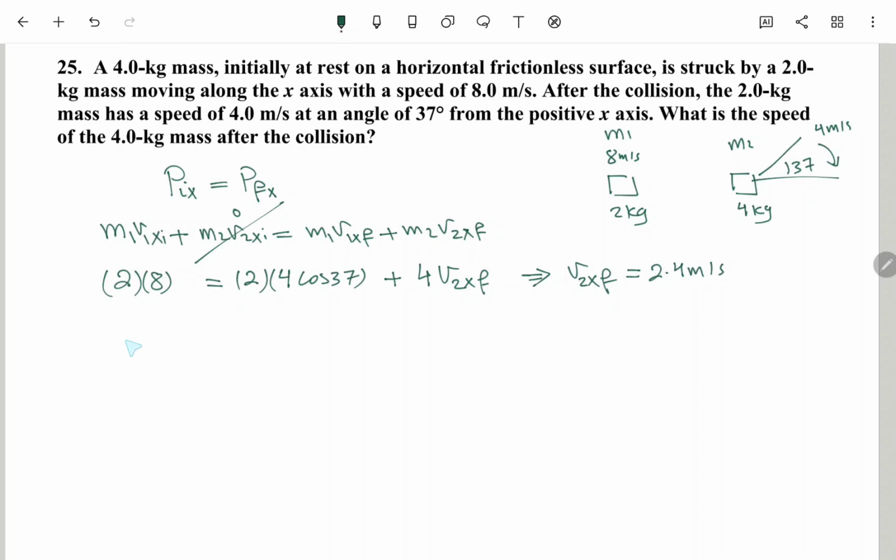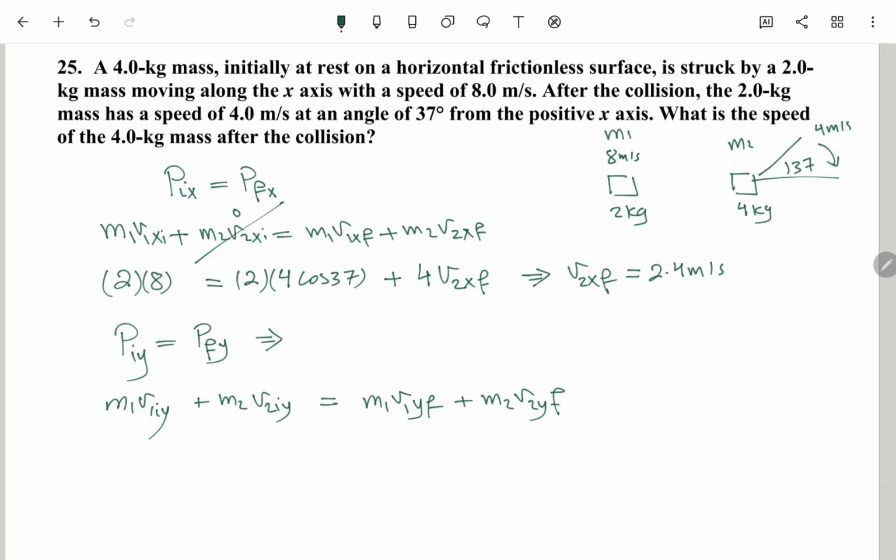Now, from the y component of the momentum, P initial y equals P final y, then m1 v1 initial y plus m2 v2 initial y equal to m1 v1 y final plus m2 v2 y final.